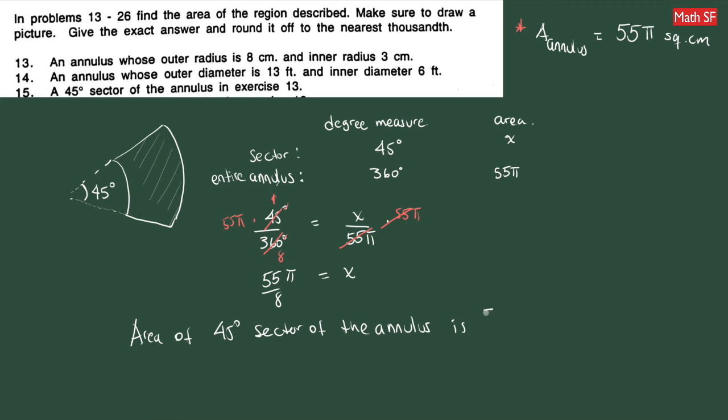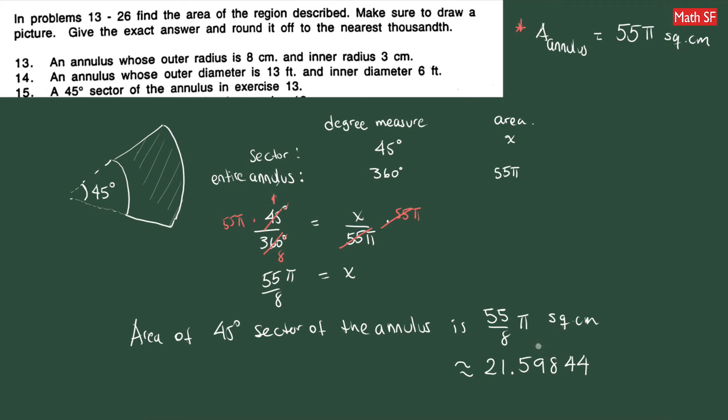is 55 over 8 pi. We're talking about square centimeters. So approximately, I'm going to use my calculator and write 55 pi divided by 8, which gives me 21.59844.